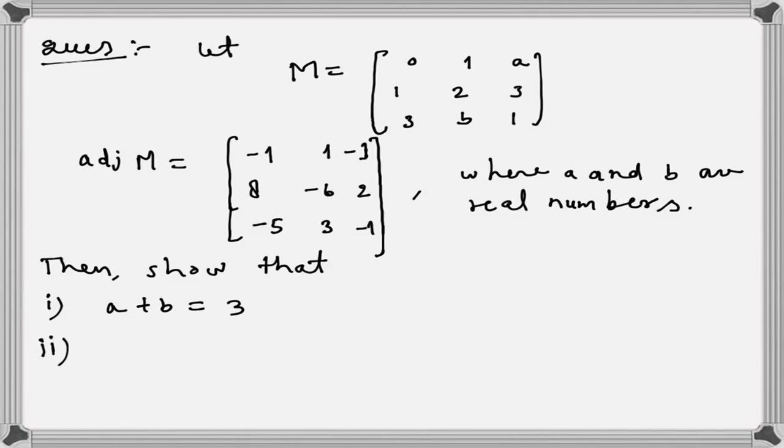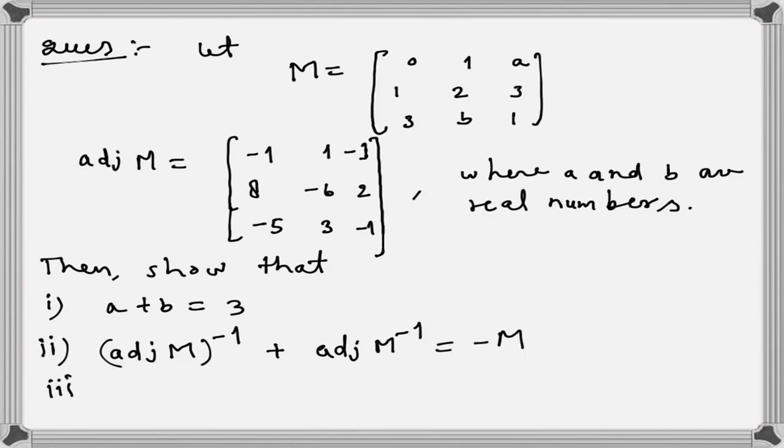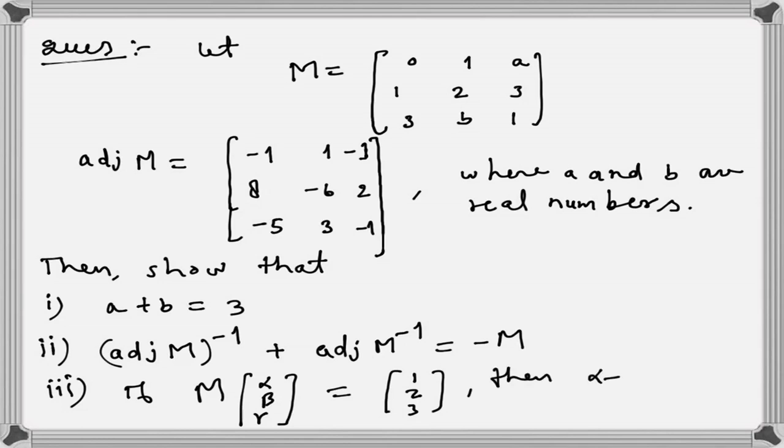Second part is adjoint M inverse plus inverse of adjoint M is equal to minus M. The third part is if M into alpha beta gamma, which is a 3 cross 1 vector, is equal to 1 2 3, then alpha minus beta plus gamma equals 3. So this is the problem. Let's solve it.